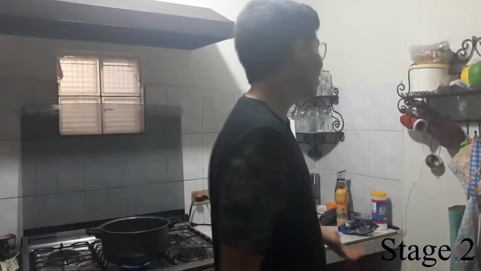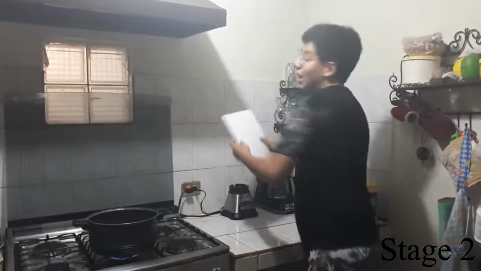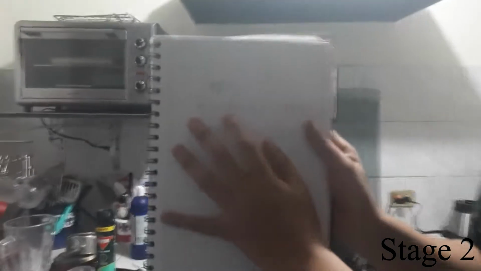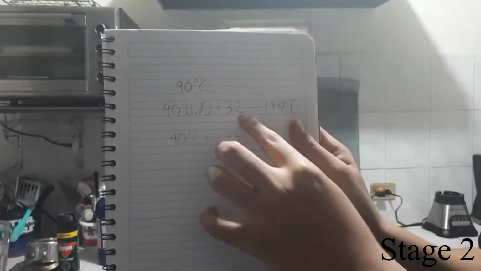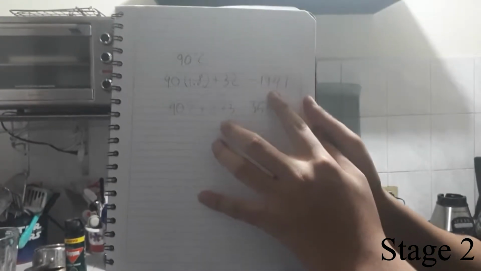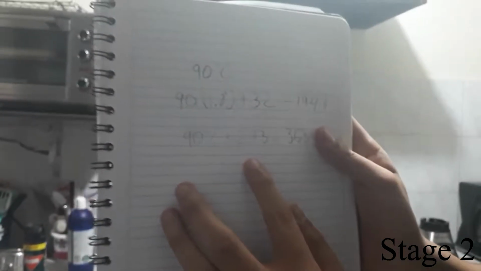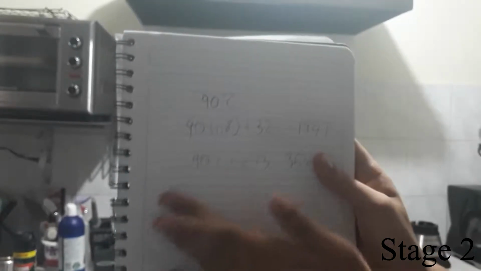In this case, we use the 90 degrees and multiply by 1.8 plus 32, and we have 194 Fahrenheit. But if you need Kelvin, it's easier, because if you have the Celsius, you just need to add 273 to the Celsius measure.